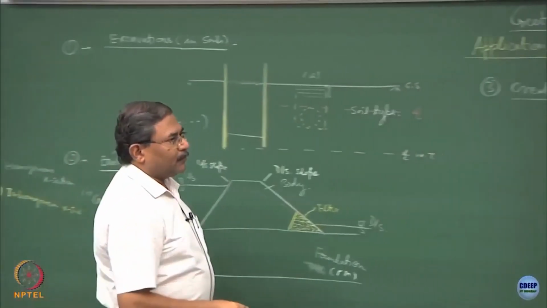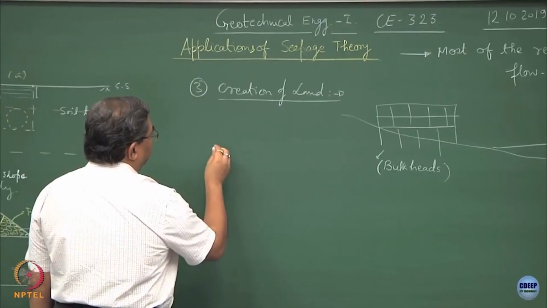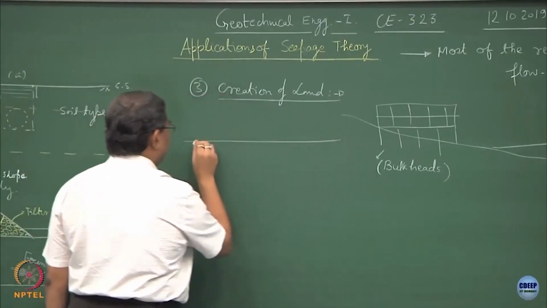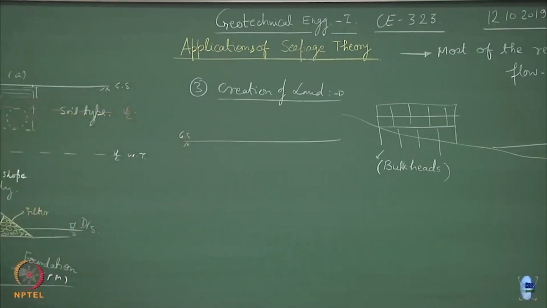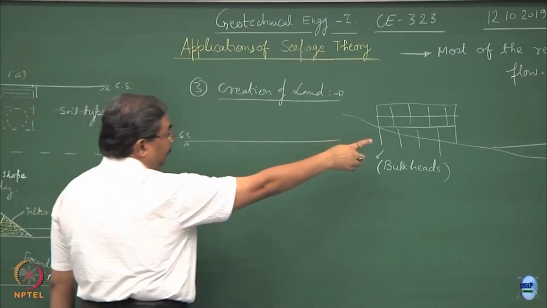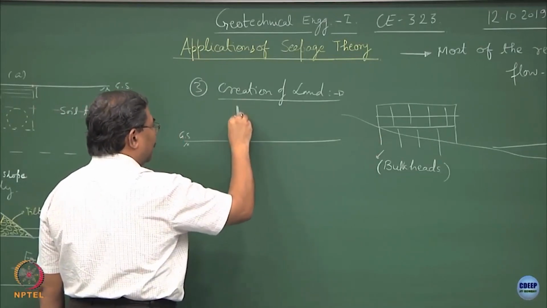Just to quickly answer your hunch of what a bulkhead would be, suppose this is a ground surface, alright, and I want to create a system like this. So, what I have to do is create a retention system over here.